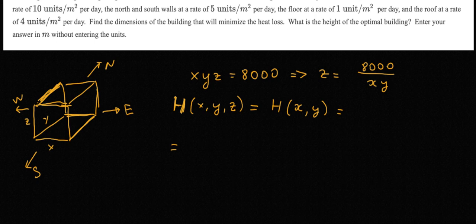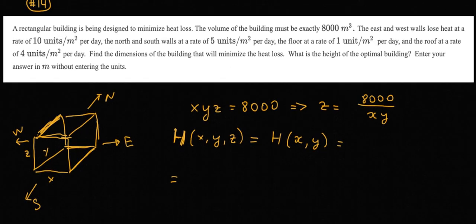So we're told in the problem that east and west facing walls are losing heat at the rate of 10 units per square meter per day.